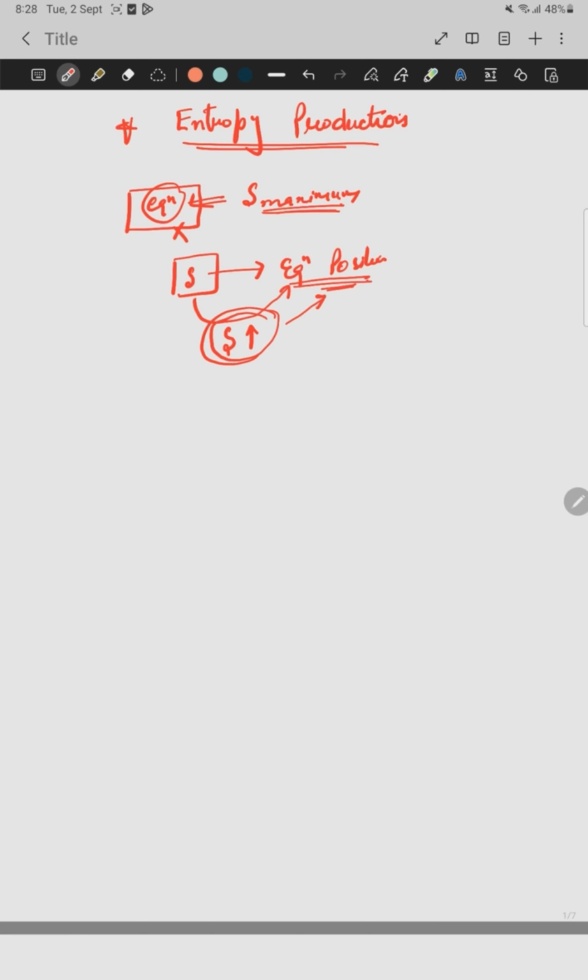So this increase in entropy when the system approaches the equilibrium state is known as entropy production.